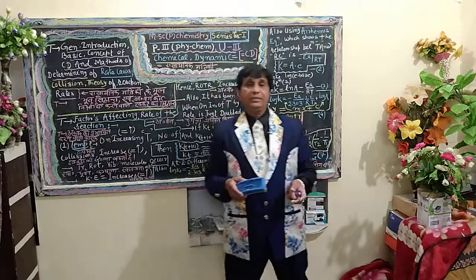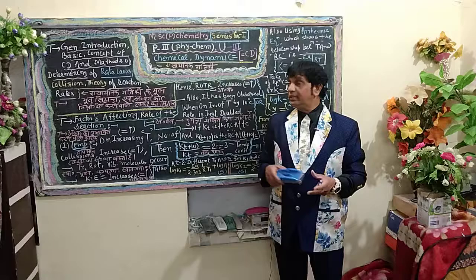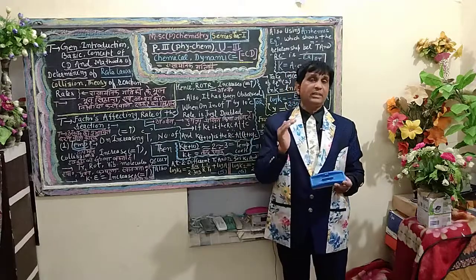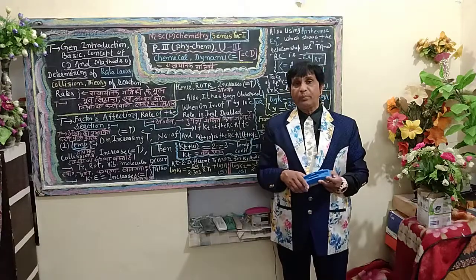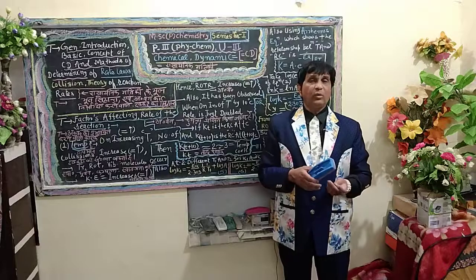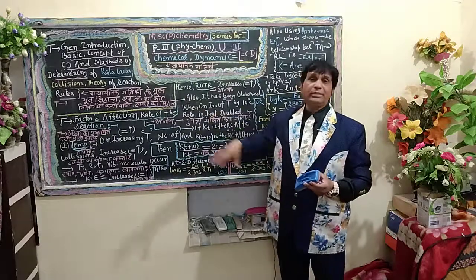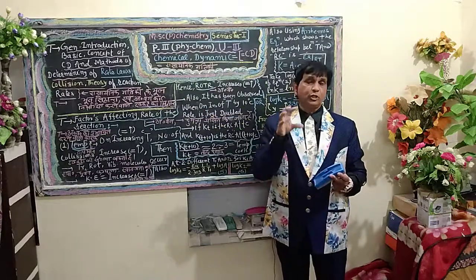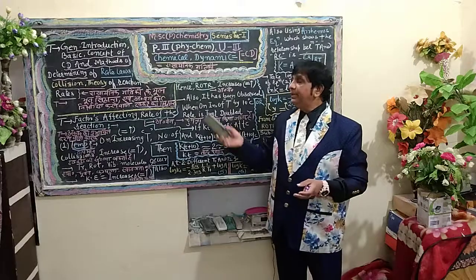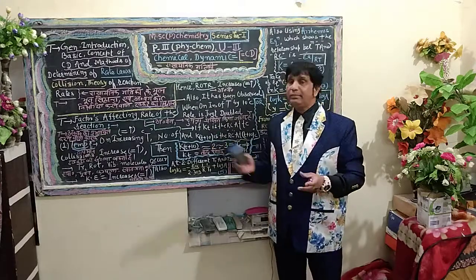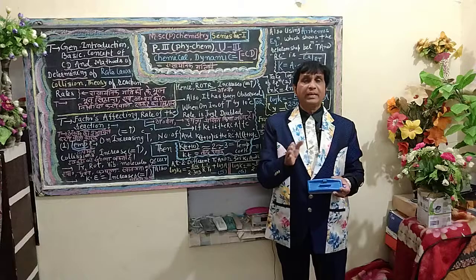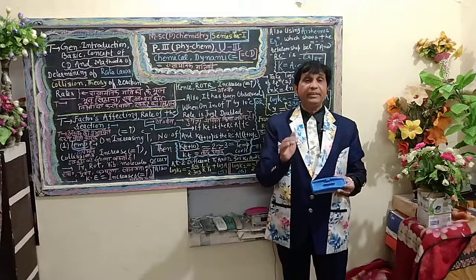Its dimension is concentration divided by time. The unit of concentration is mole per liter, and time can be expressed in second, minute, hour, week, month or year.